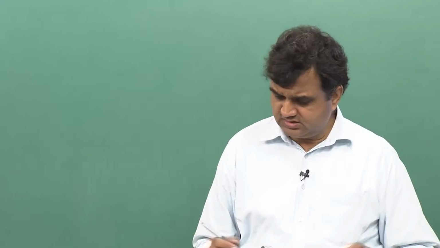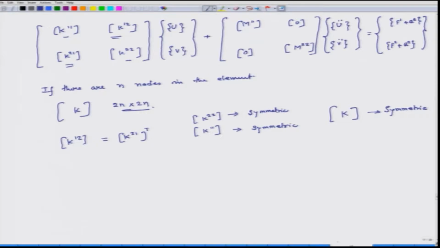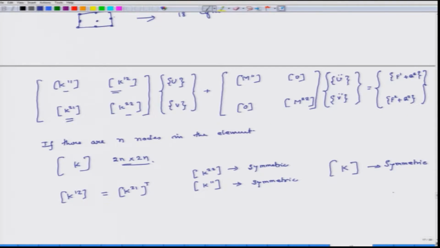Yesterday we had developed the relation at the element level for the entire plane elasticity problem. What we plan to do today is do a simple example and see how we go around doing the assembly.